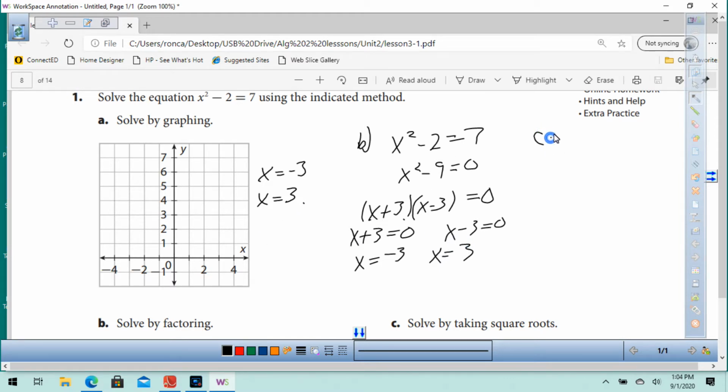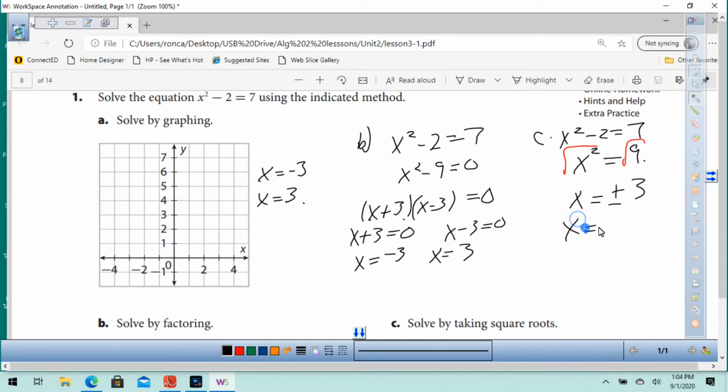C, it says solve by taking square roots. So we got x squared minus 2 equals 7. Let's add 2 to both sides, and it gives us x squared equals 9. And we're going to take the square root of both sides, and that's going to give us x equals plus or minus 3.